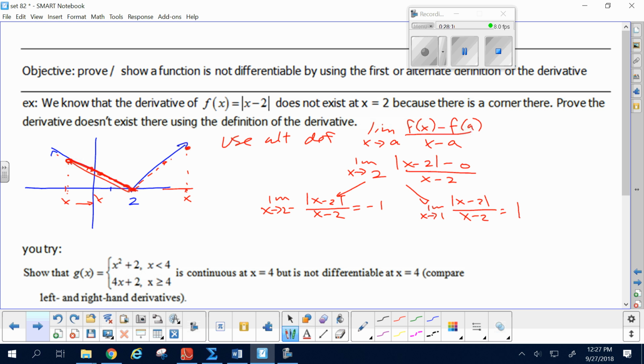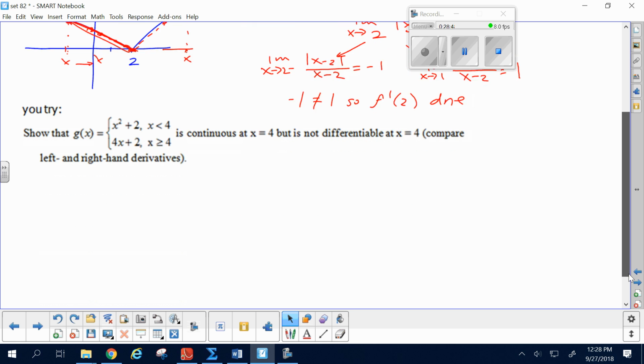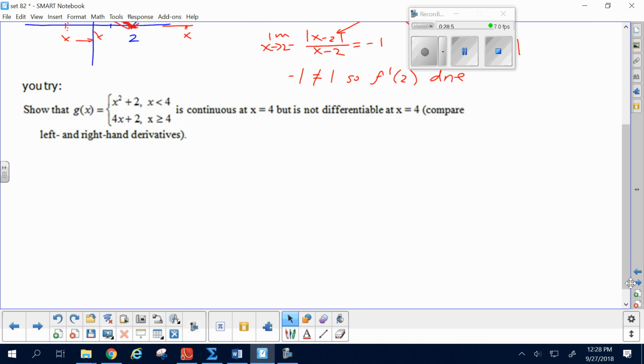And because those one-sided limits, or the one-sided derivatives, don't agree, the derivative, f prime at 2, does not exist. A limit doesn't exist if the one-sided limits don't agree. The derivative is all about a limit, so that's one. Try it on your own. This one actually has a little more. You first show it's continuous, then show it's not differentiable.